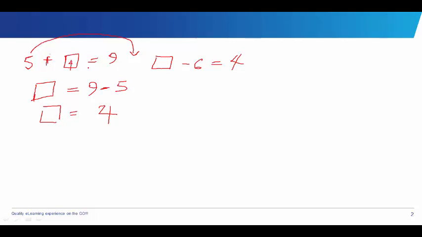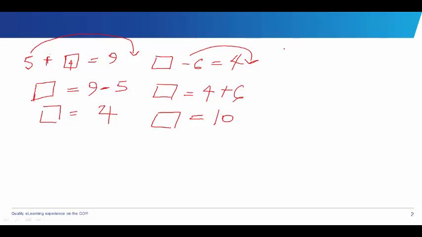So when you do 5 plus 4, it gives you 9. Okay, now for this one, we'll carry this 6, which is a minus. When you take it to this side, the sign changes to plus. So we'll now have 4 plus 6. So our box will now give us 10.